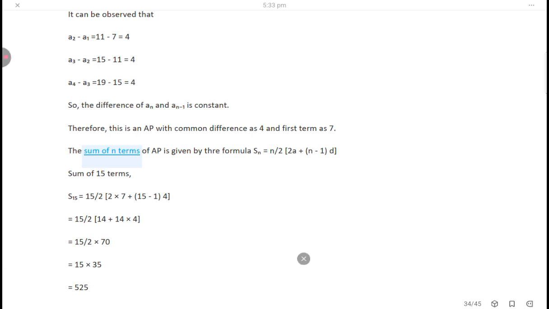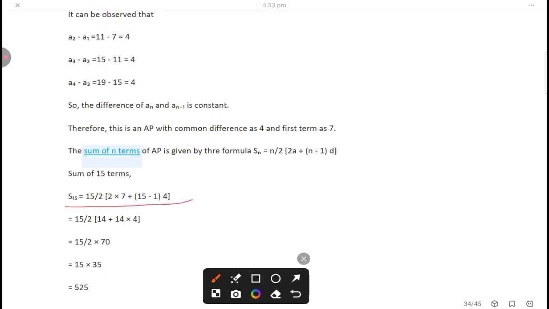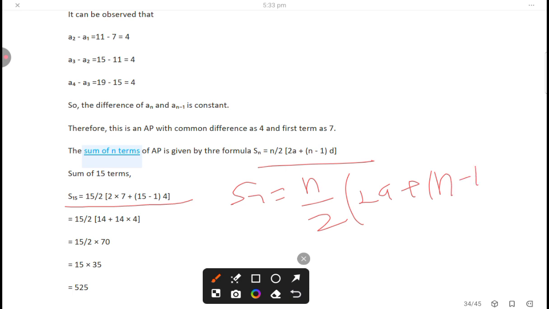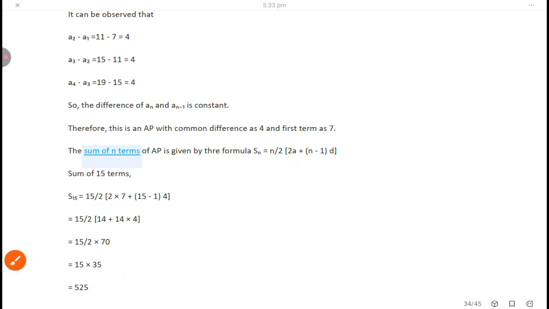So you can find the sum of 15 terms with this formula, Sn equal to n by 2 times (2a plus (n minus 1)d). So you'll get 525 as the answer.